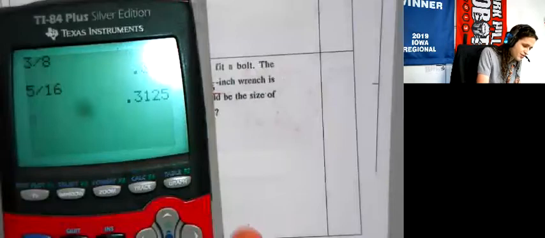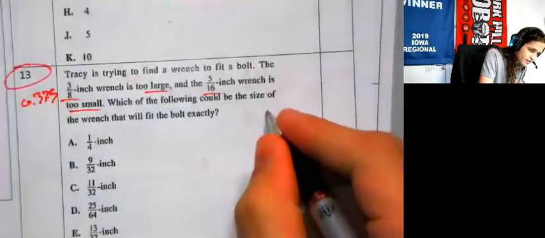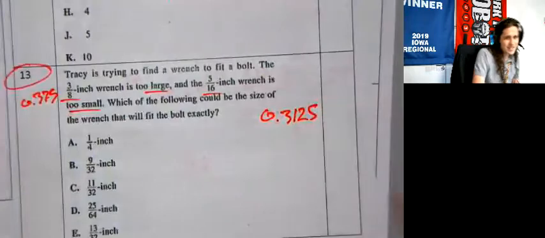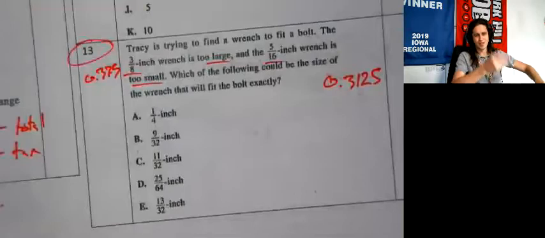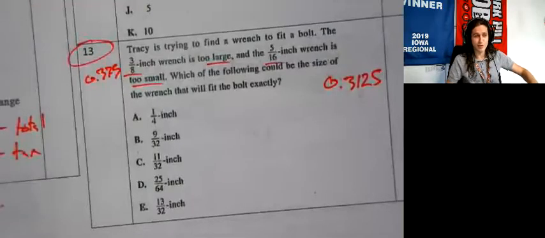That's 0.3125. And then you sit there on your calculator and you figure out which one is in between. I'm not going to sit here and do that for you. But you type division problems in your calculator quickly until you find one in between the two.